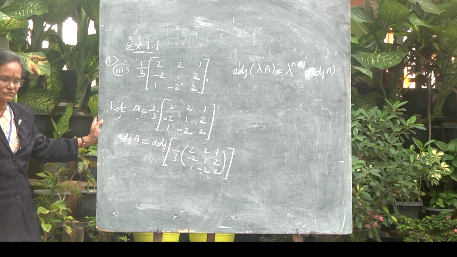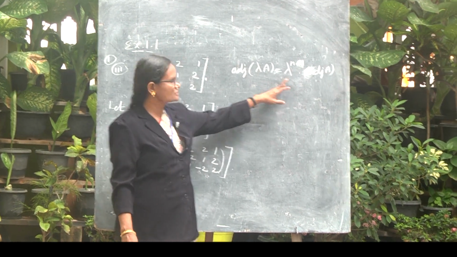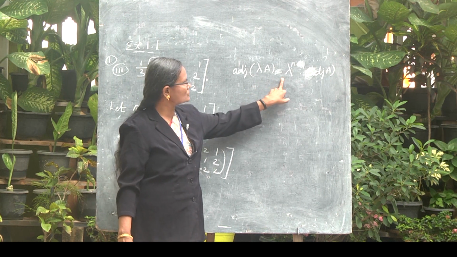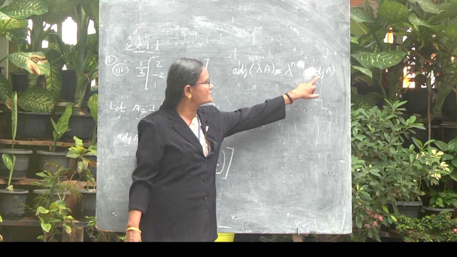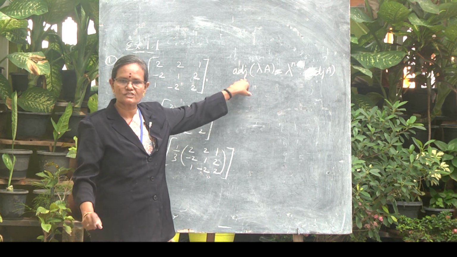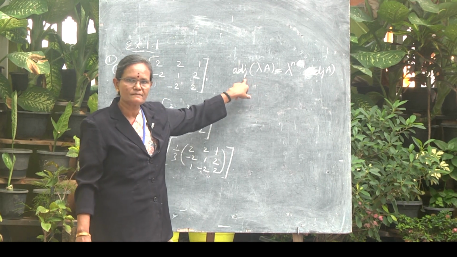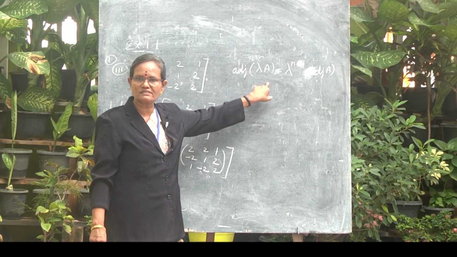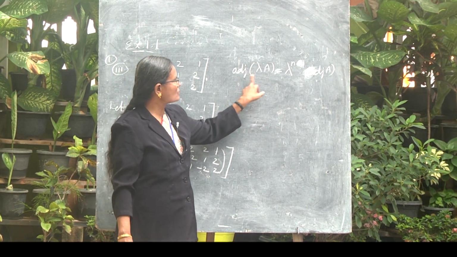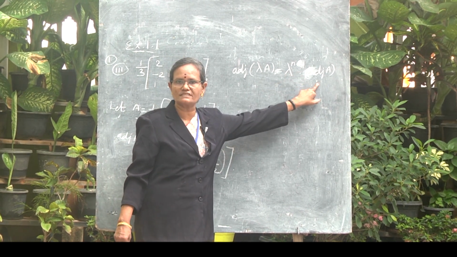Now we have to work out this problem. I can use this property: adj of lambda A is equal to lambda power n minus 1 into adj of A. Students, in our textbook, page number 8, there are 6 properties. This is one of them, and it is very useful to you.